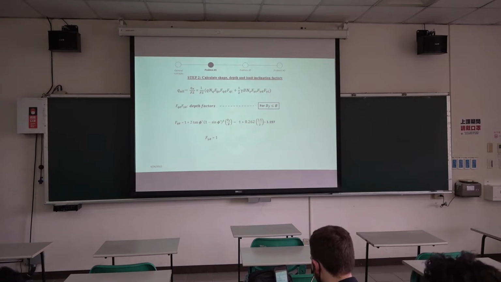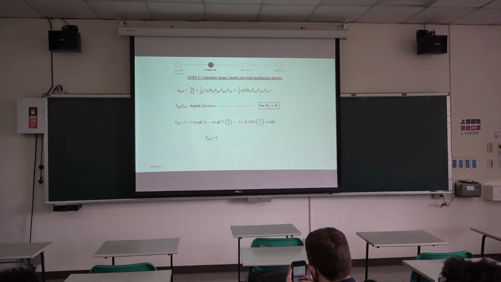The next thing is the depth factor. For the depth factor, one thing you should consider is the ratio between the depth of embedment of the footing, that's the distance from the ground surface to the bottom of the footing, divided by the width of the footing. That ratio will determine which depth factors we use.